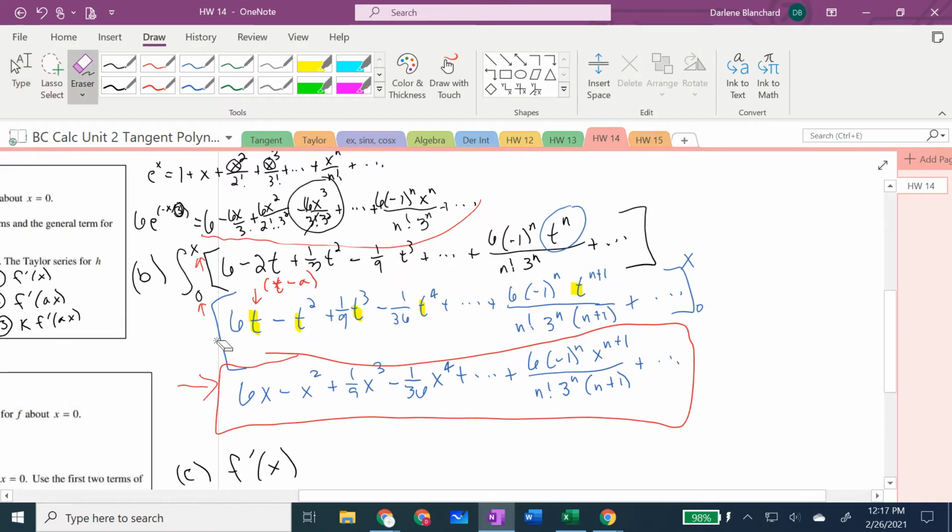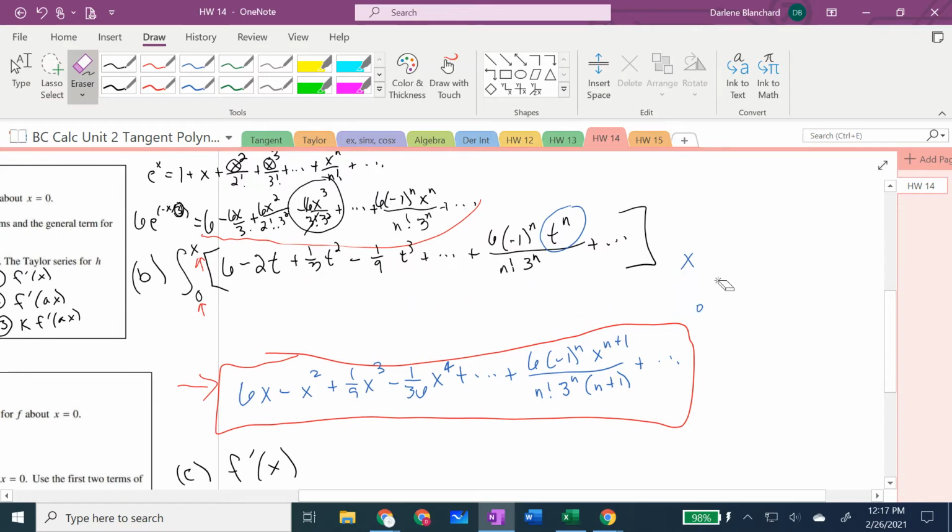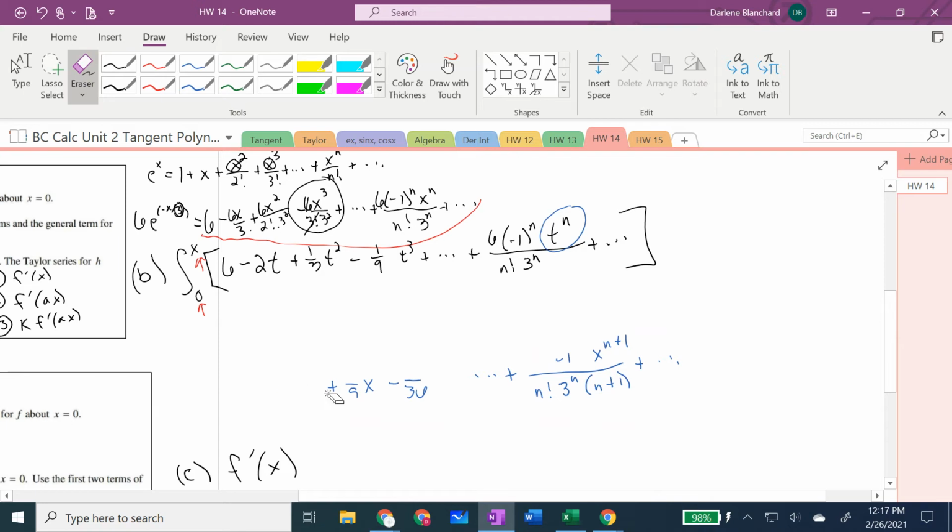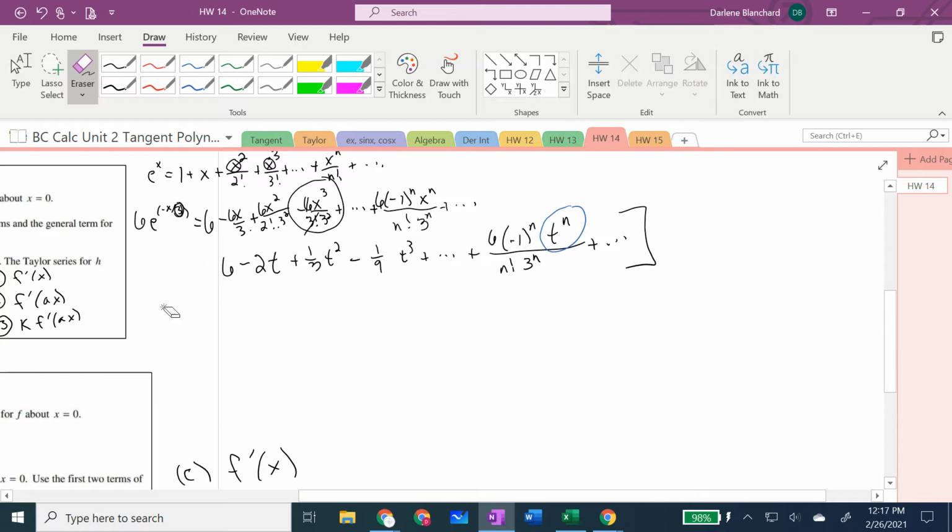I'm going to come back and erase this because I know I'm supposed to be differentiating the other function. Get that out of the way. And I'm just taking all that out. But the variable is x. All right.